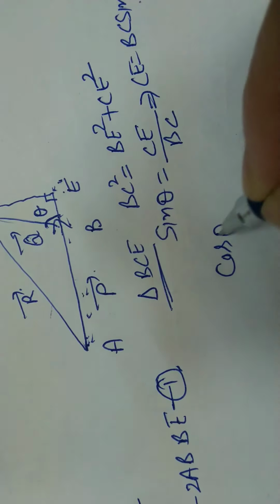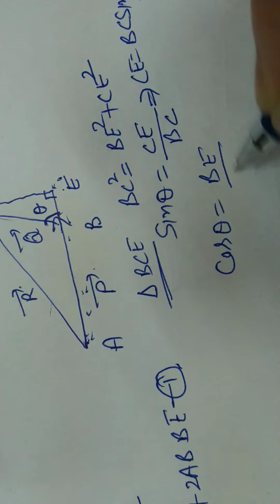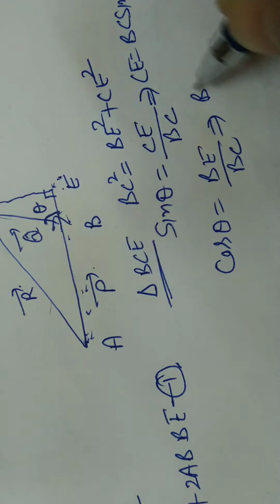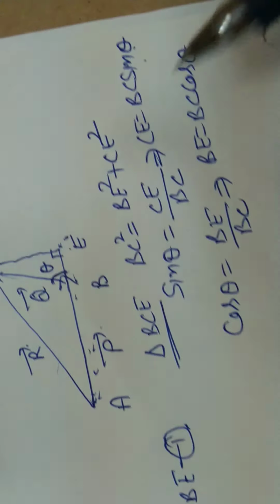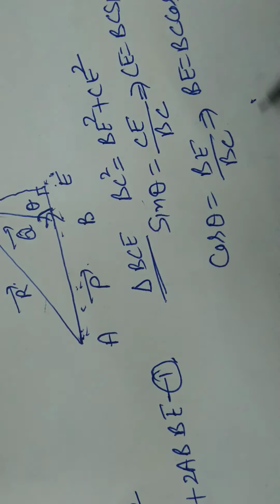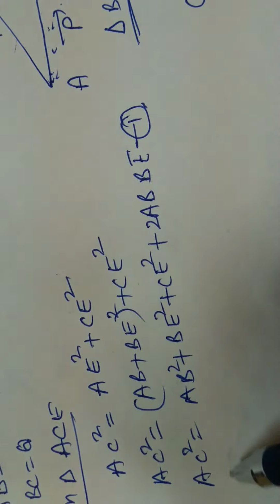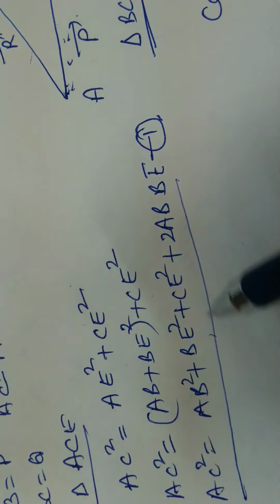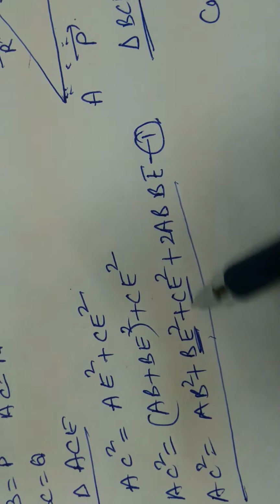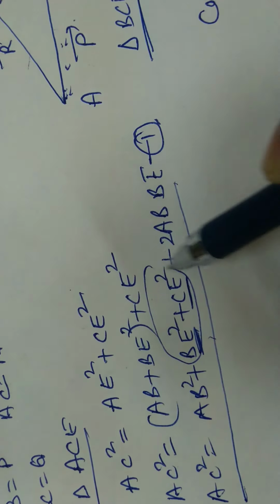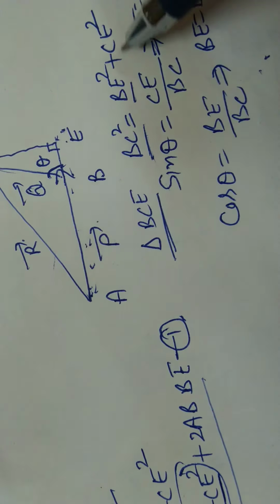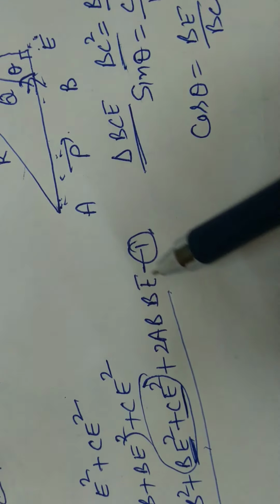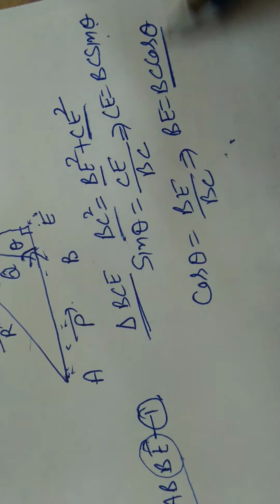Then we have cos theta, that is BE upon BC, or we can say BE is BC cos theta. Okay, now we have these terms. Now again come to equation 1. Here BE square plus CE square, in this place we write this value, BC square is BE square plus CE square. And here in place of BE we write this BC cos theta.